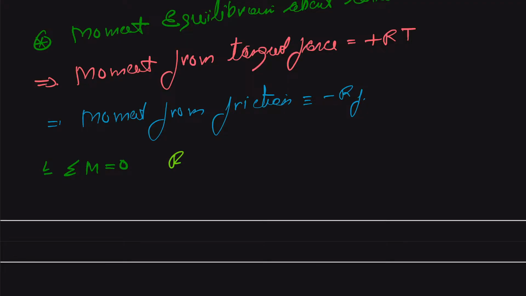Therefore rT minus rF should be equal to 0, and this gives us that F is equal to T.